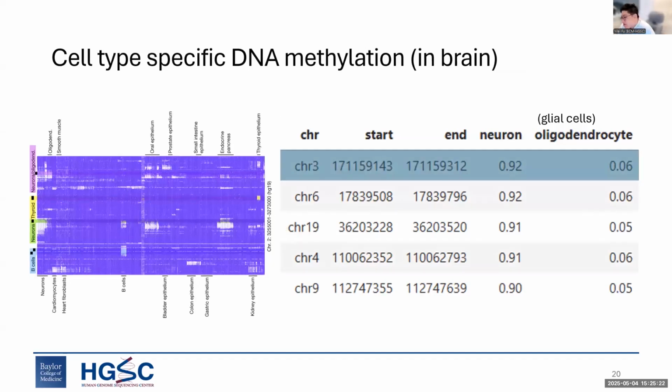In fact, we have already identified regions across the genome that show differential methylation patterns in major cell types in brain. For example, here we have found several locations where glial cells and neuron cells show differential methylation patterns. On the right, we see that in those locations, glial cells usually have very low methylation compared to neurons in those regions.